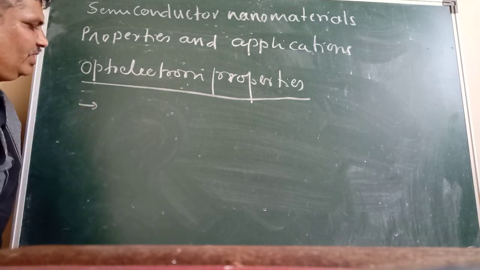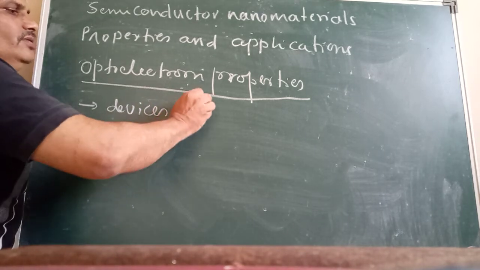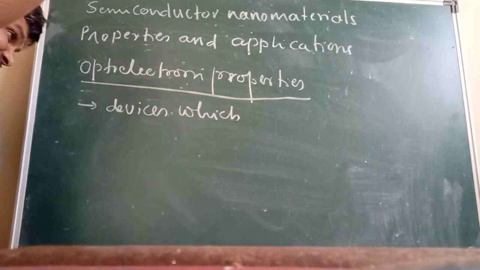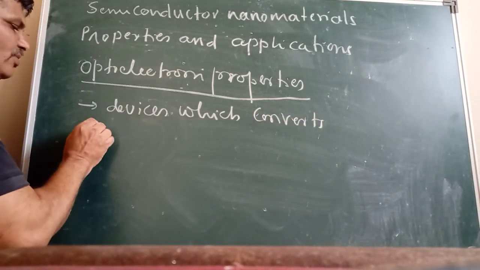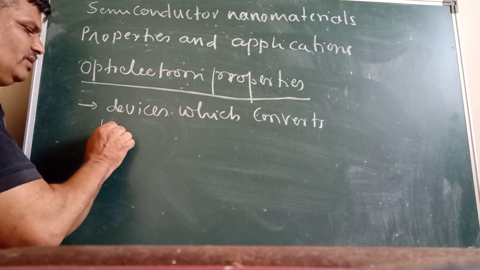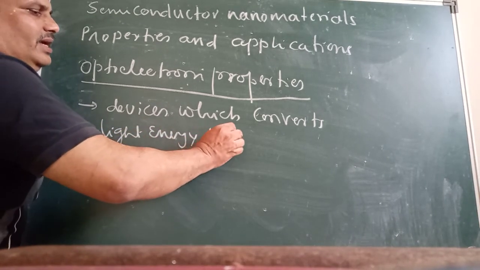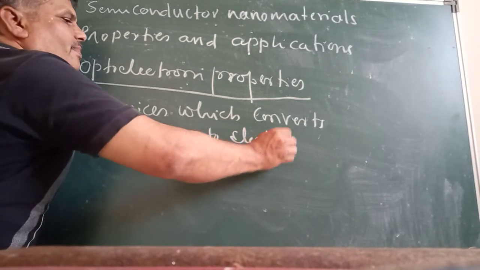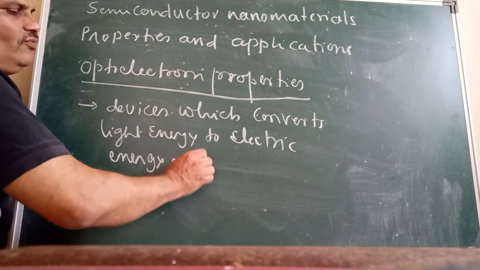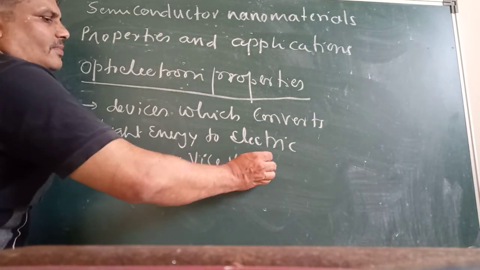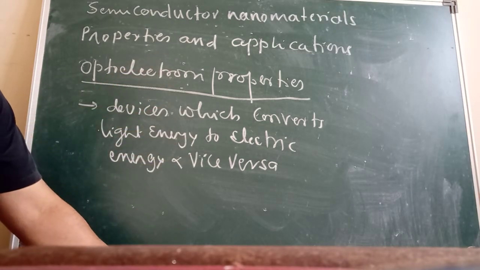These are optoelectronic devices, devices which convert light energy to electrical energy, and vice versa. These are some of the properties that take place.